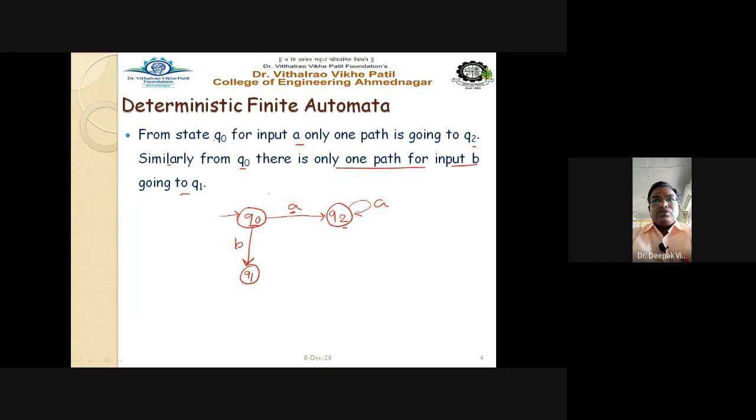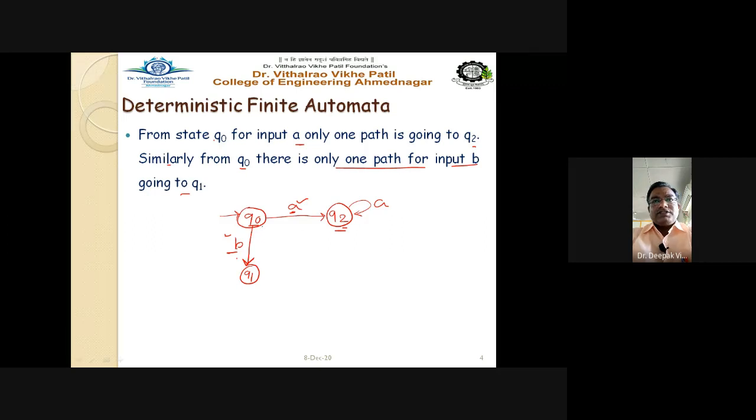Getting this point? If we consider that Q0 is the current state, there are only two input alphabets, A and B. So input alphabet A leads to only one next state, and input alphabet B leads to only one next state, that is Q1. And these two states, Q1 and Q2, are different, they are not the same.